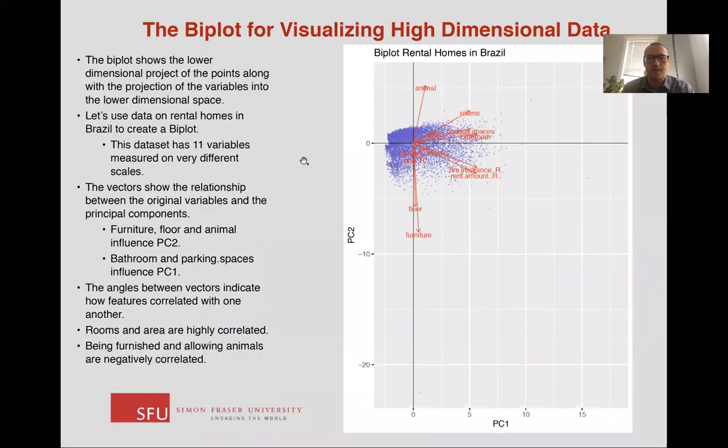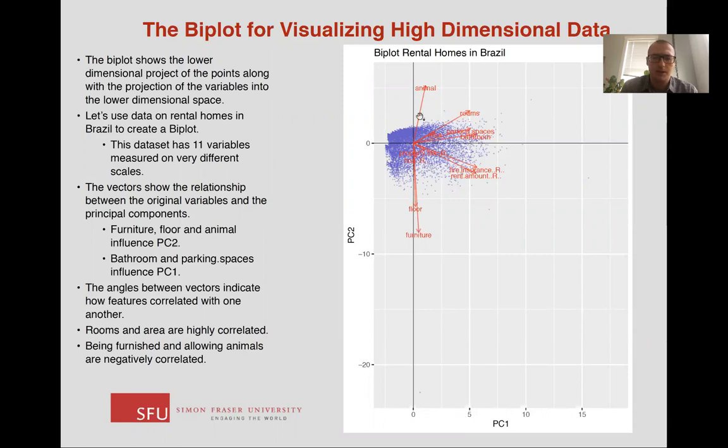Okay, so last time we had this graph, and if you recall, this is a biplot. It's showing information about our lower dimensional embedding using PCA. I received some questions about how we know that furniture, floor, and animal influence the second principal component, for example.